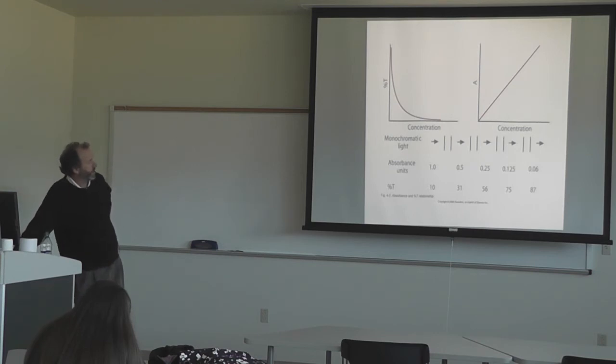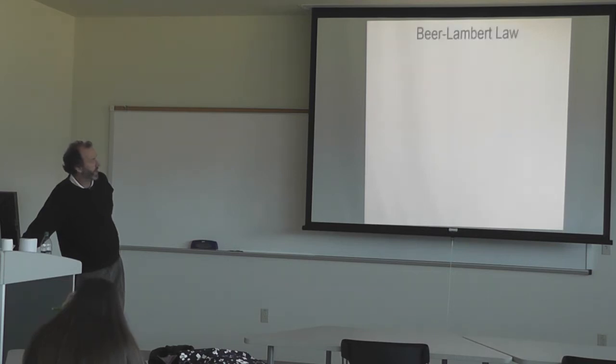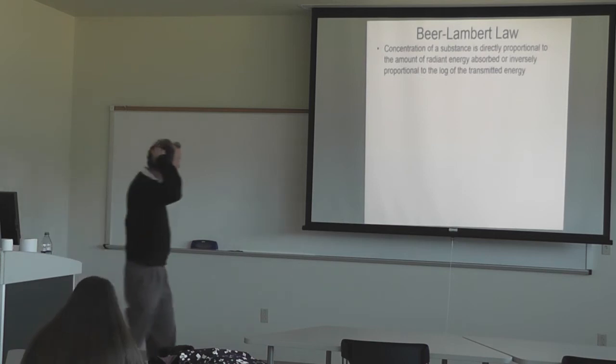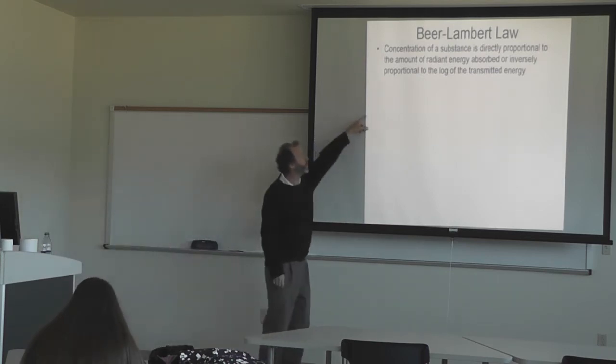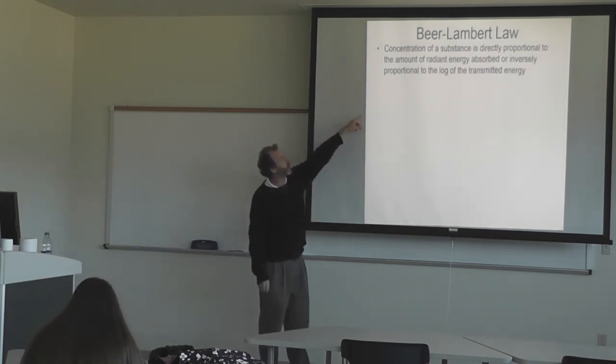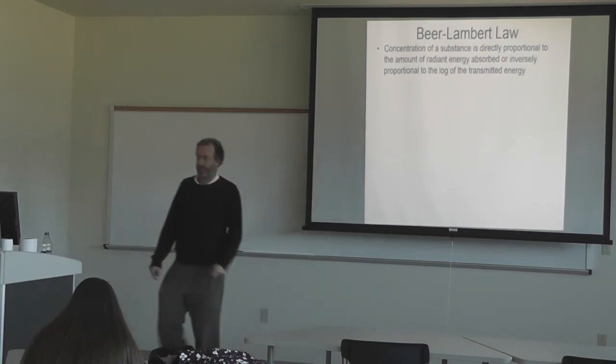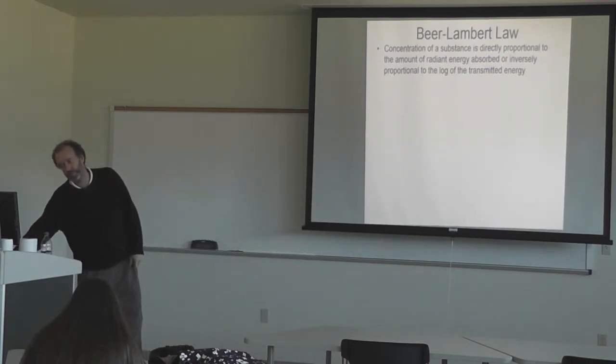And again, these are the two graphs showing you concentration is negatively logarithmically related to transmittance, and then linearly related to absorbance. And the Beer-Lambert law: concentration of a substance is directly proportional to the amount of radiant energy absorbed, or inversely proportional to the log of the transmitted energy.